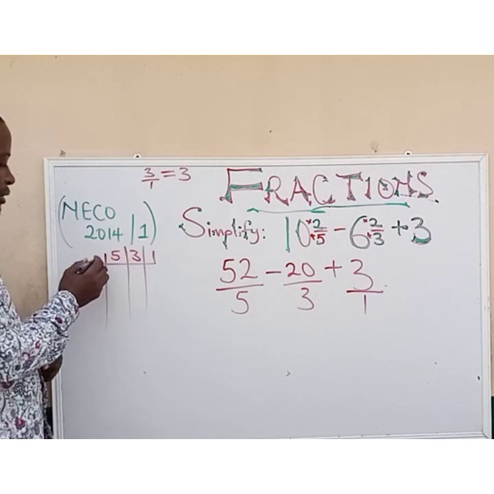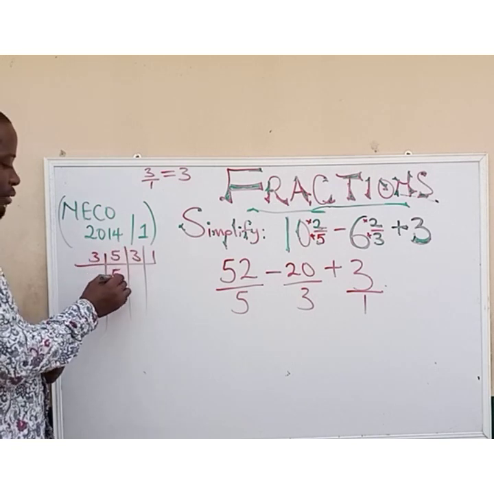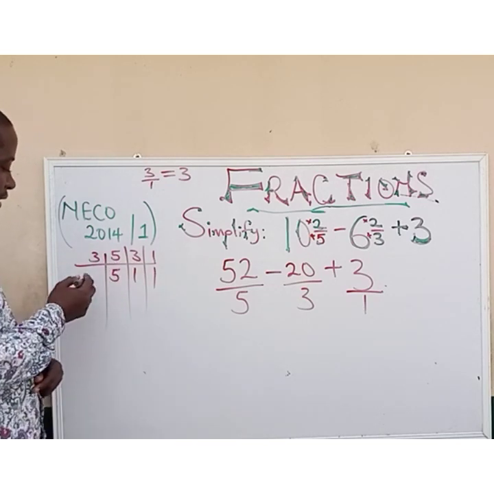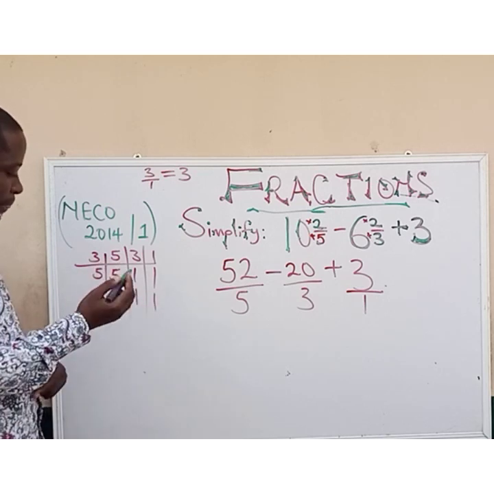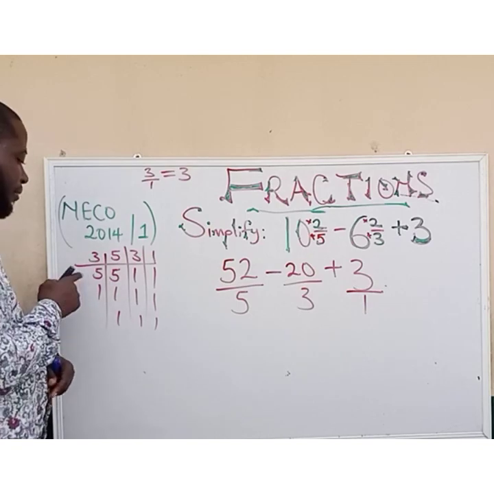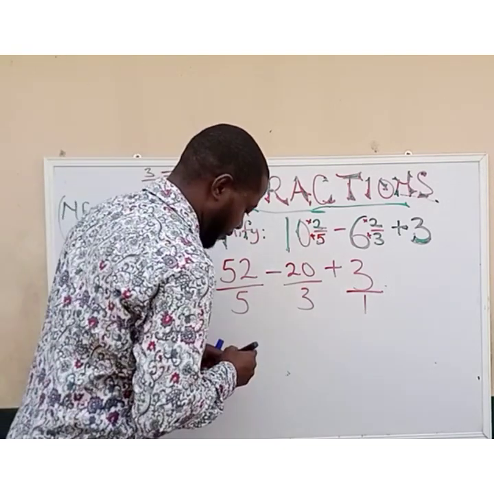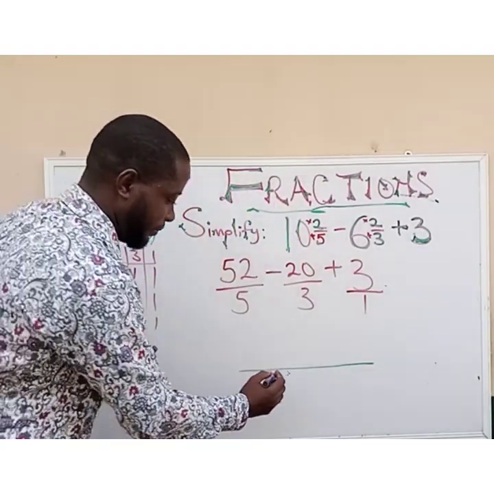Let me just say 3. 3 cannot go here, so I bring down my 5. So 1, 1. Then the next thing, let me use 5. 5 here, 1, 1, 1. So 3 times 5 is 15. 15 times 1 is 15. So our LCM is 15.